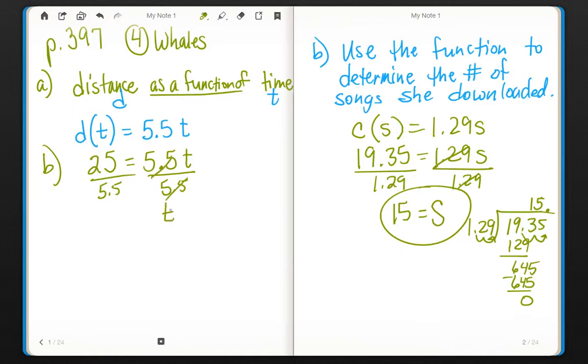Cross that out. We'll divide 5.5 into 25. Have to move that decimal over 1. So it becomes 55 into 250. And we'll do 4 times, let's see, that would be 220. We have to add a decimal and a 0. Bring that decimal up, running out of room.